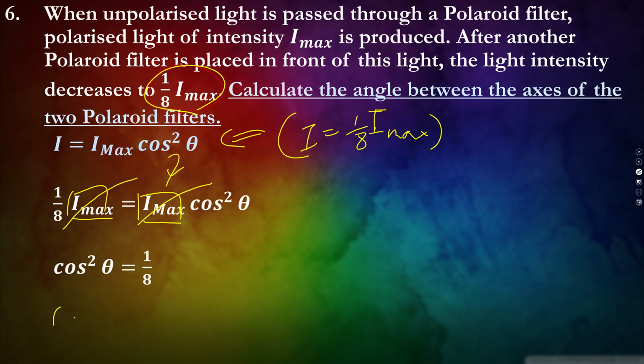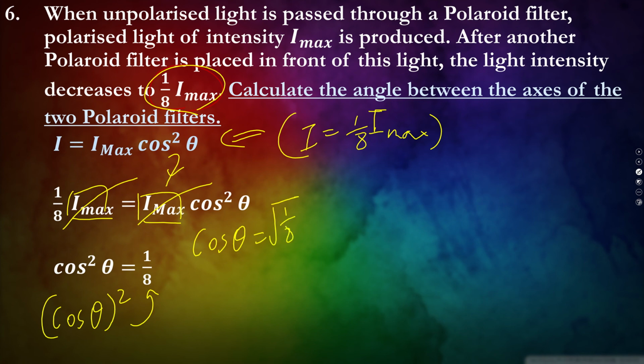Now, this can simply be read as cos theta squared. So if I want to get rid of the square, I square root both sides. If I square root both sides, I get cos theta equals 1 over the square root of 8.